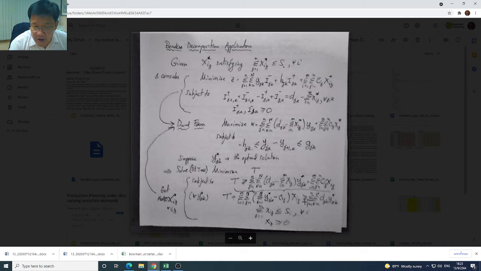The constraint here: t is the objective function, plus the sum product of the optimality cut coefficients with x sub ij, greater than or equal to the sum product of d sub jk and y star jk. An additional constraint is the summation of x ij less than or equal to s i for all i.